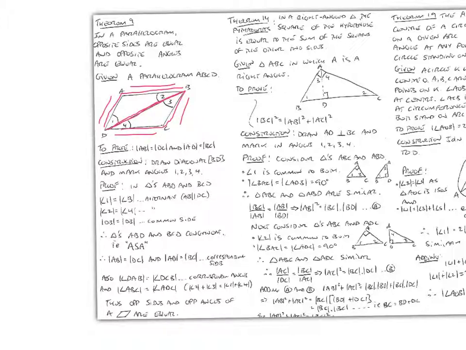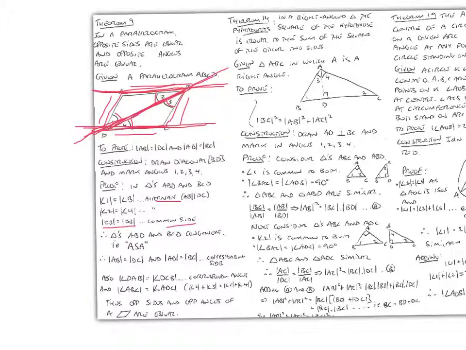angle 1 is equal to angle 3, because they're alternate, because AB is parallel like that. So the diagonal kind of acts like a transversal cutting through the two parallel lines. So 1 is alternate to 3, 2 is alternate to 4. Remember your old Z shape. And also DB is equal to DB, of course it is, because they're common sides.